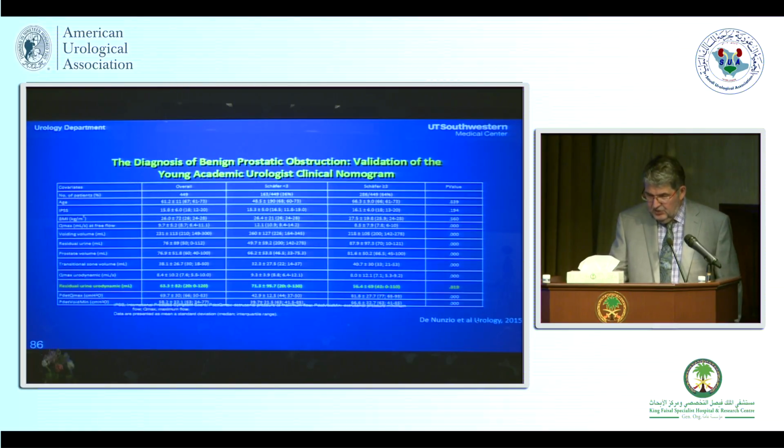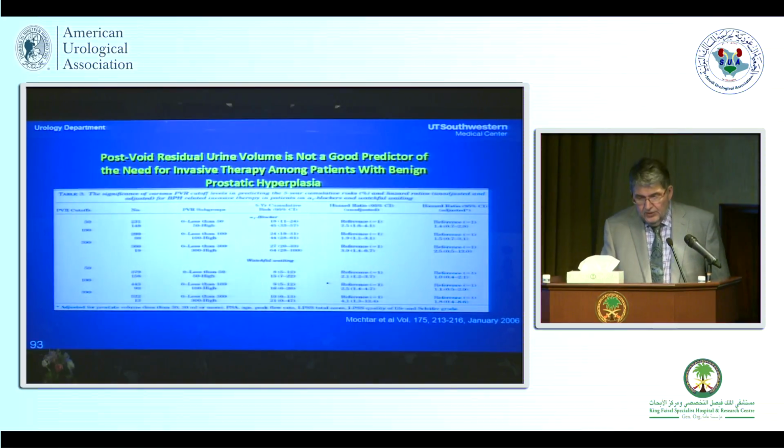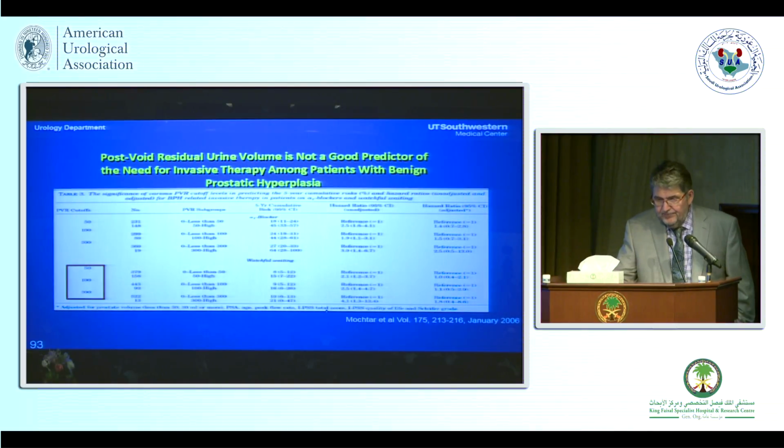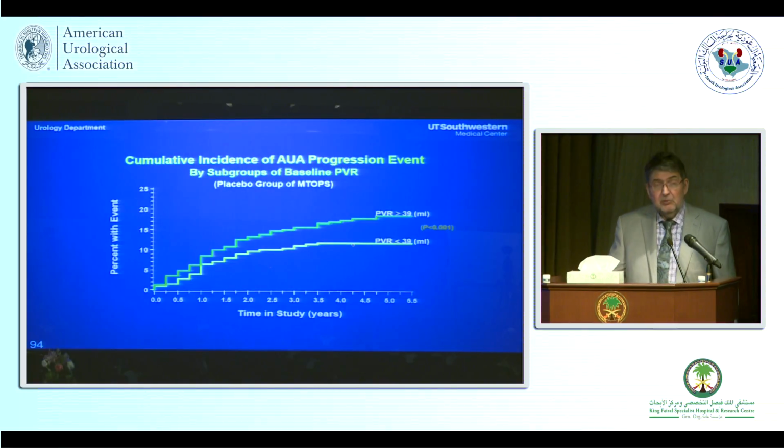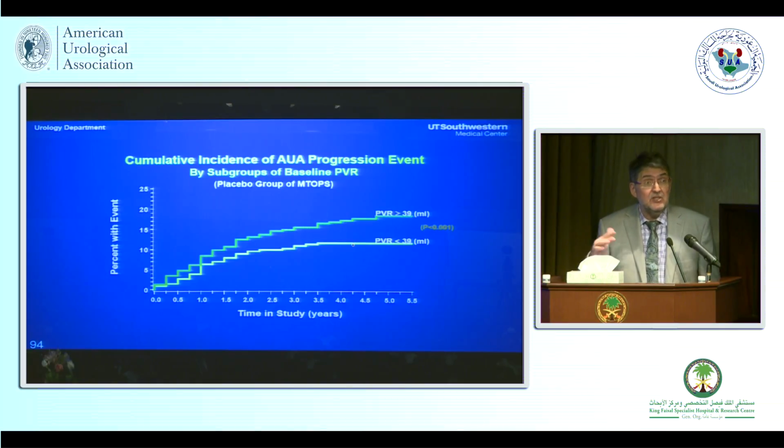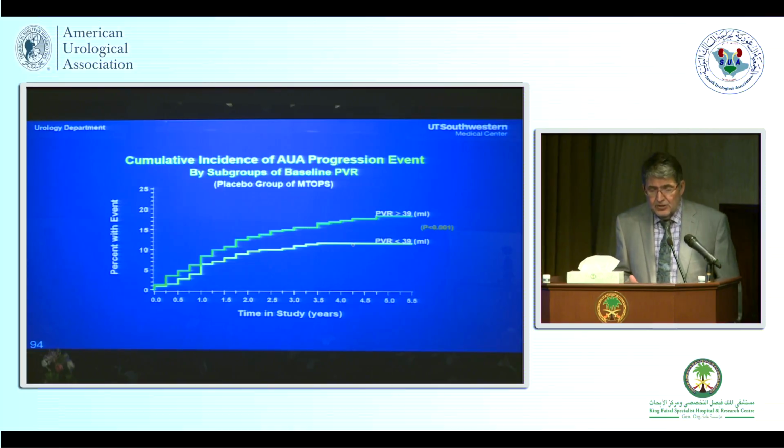Similarly here, Denuncio published that residual urine between Schaefer obstruction less than 3 and over 3 category showed no significant difference in residual urine, with no p-value. So residual urine alone is certainly not a good parameter to determine whether a patient is obstructed or not obstructed, i.e. does or does not need an intervention.